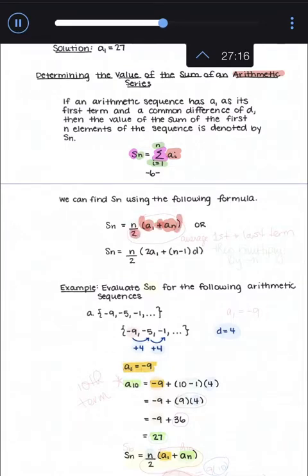This part of the formula is telling me to average the first and the last term. And then I can't forget what's on the outside, which is the n. So the last part is then we'll multiply by n.